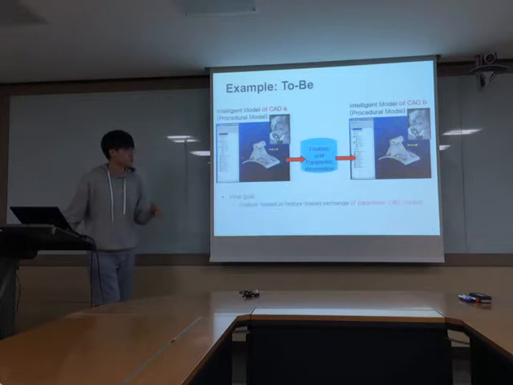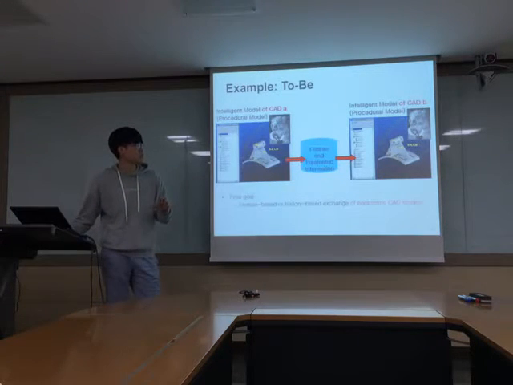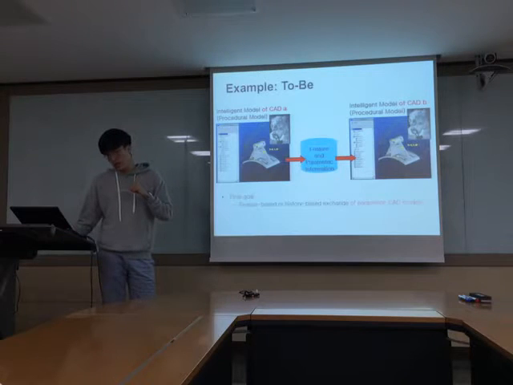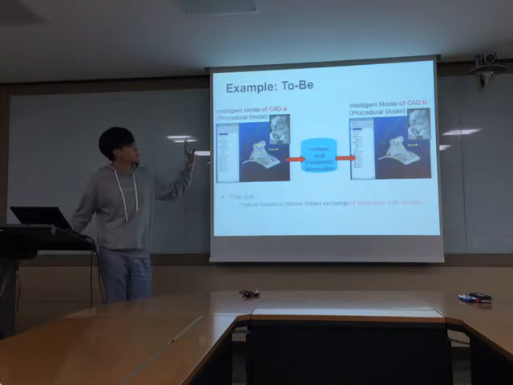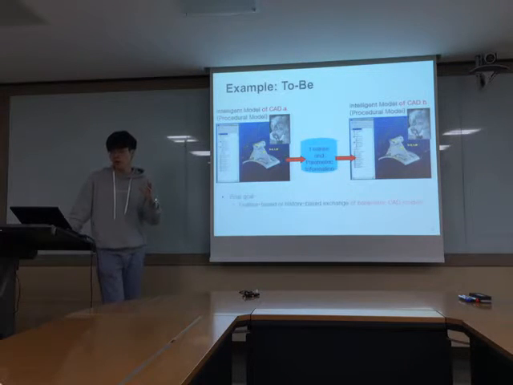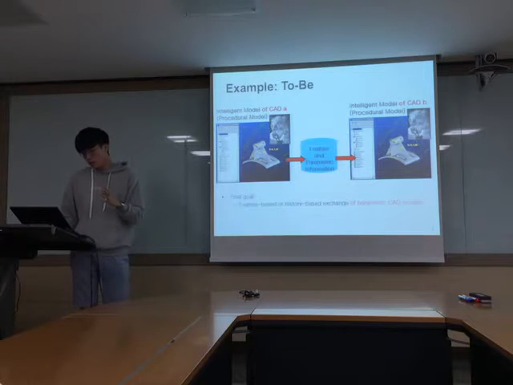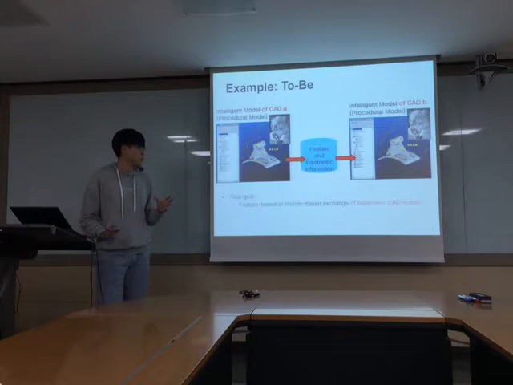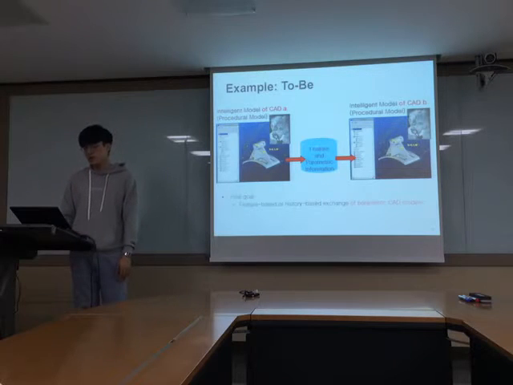But if we can export the feature and parametric information from CAD A, and in CAD B you get that information, then you can edit the model. So the final goal of the macroparametrics approach is this: feature-based or history-based exchange of parametric CAD models.